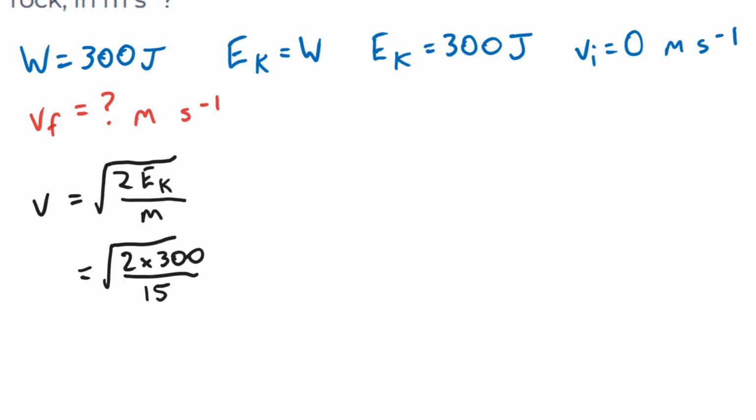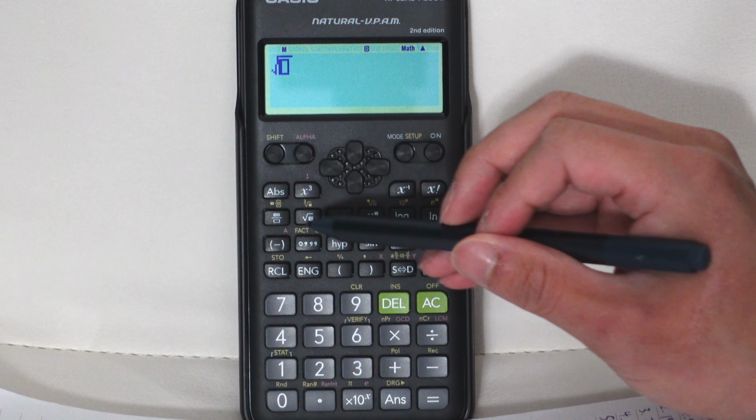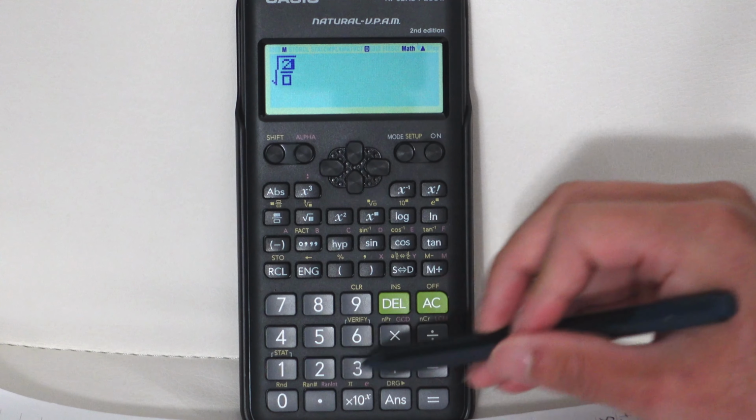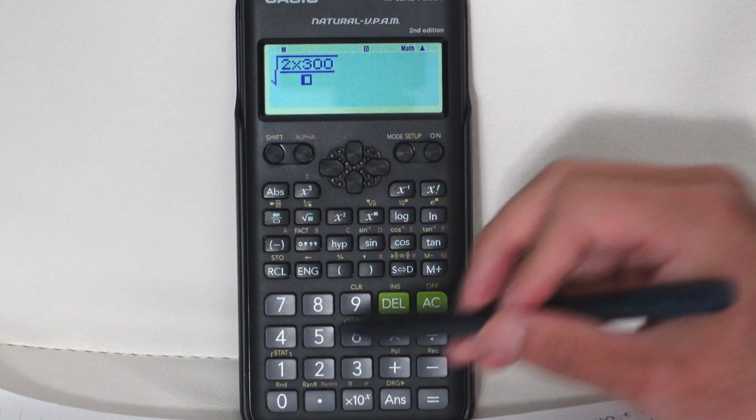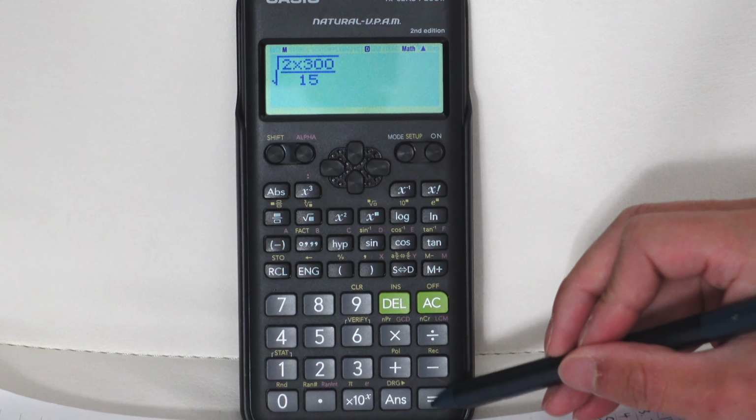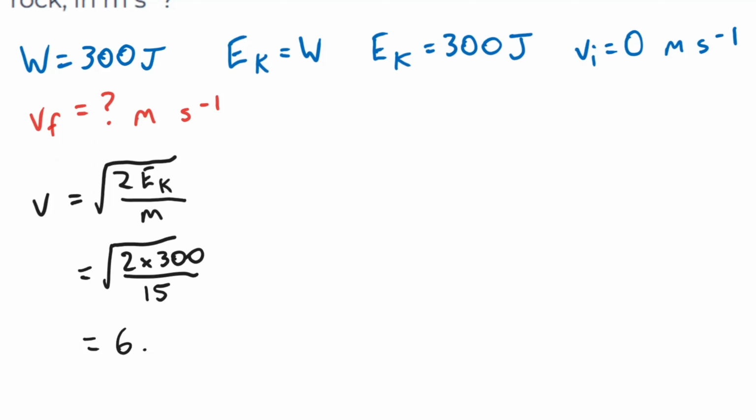Putting it into the calculator, press the square root button, then the fraction button, then 2 times 300, arrow right or down, then 15 and enter. We get an answer of 6.3 meters per second, rounded to two significant figures.